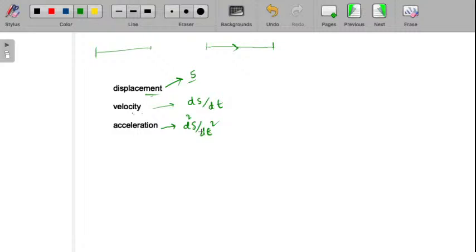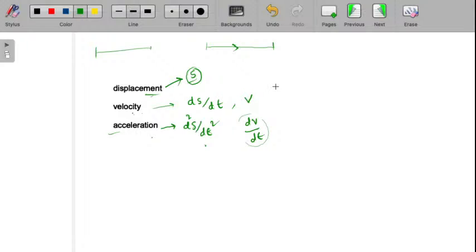As you see, these are differentials upon displacement. Because we know acceleration is the rate of change of velocity, if I had defined velocity as v, the acceleration would be defined as dv by dt. And because acceleration is dv by dt, it's going to be d square s by dt square, because it's the differential of the differential on s.